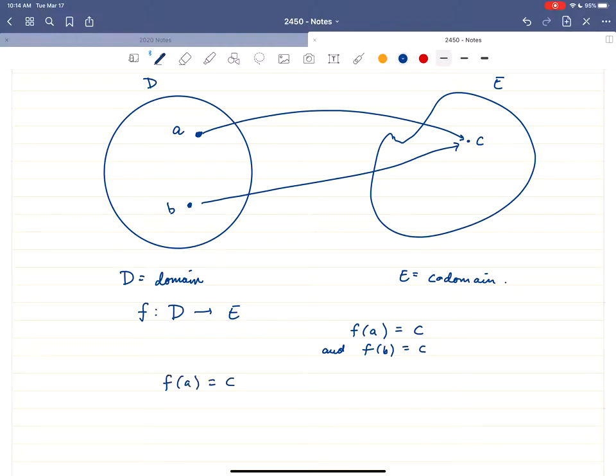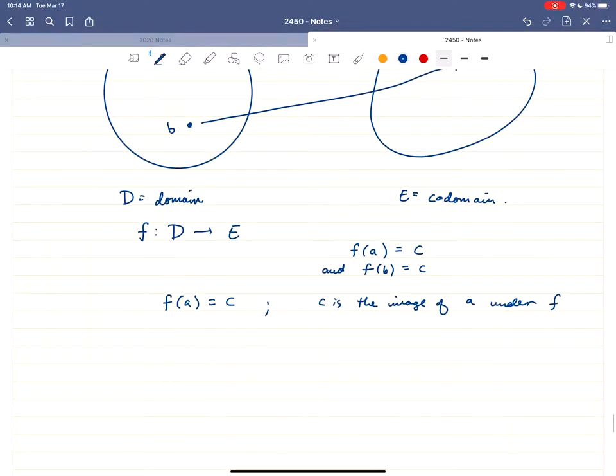Let's just look at one of those pairs now. In mapping a to c, we say that c is the image of a under f, after applying our function f.